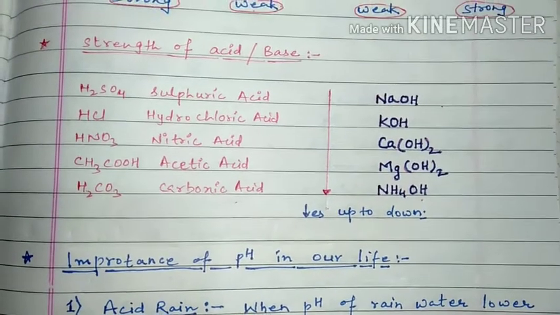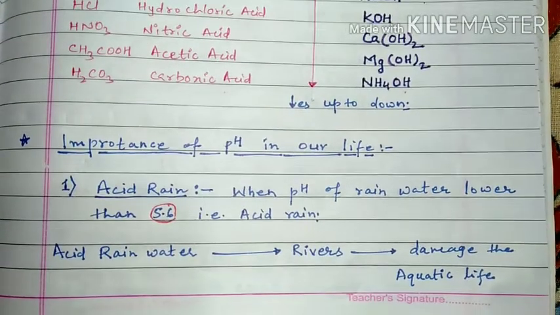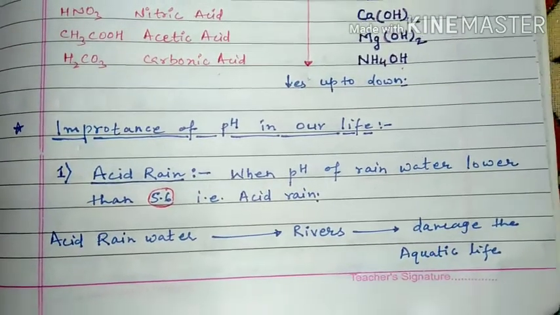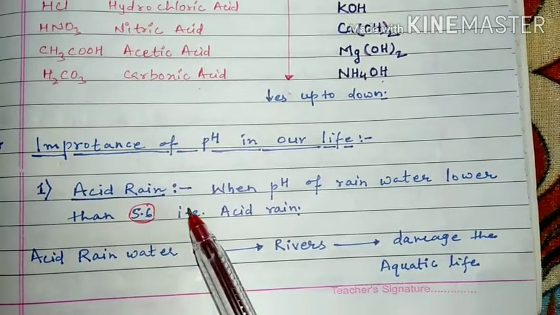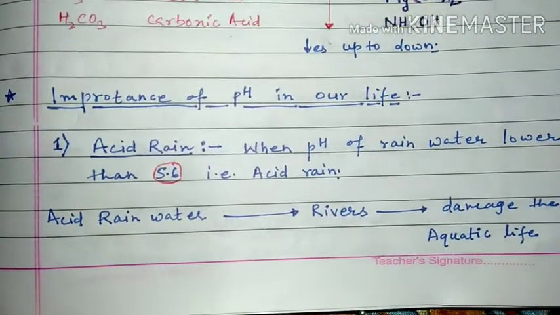Now student, we are going to discuss the importance of pH in our daily life. The first one is acid rain. How does acid rain take place?